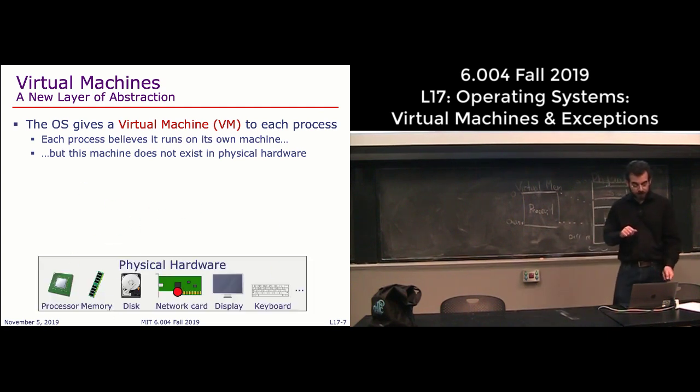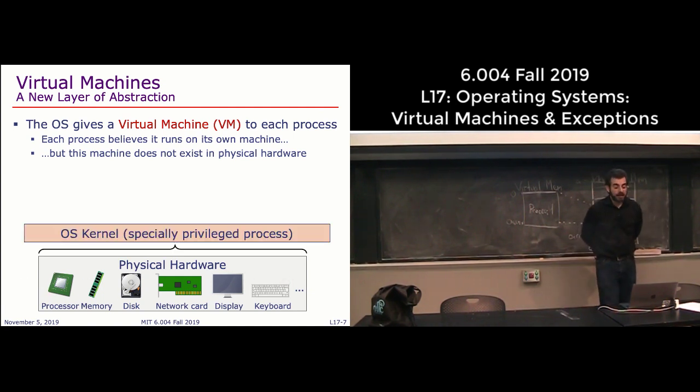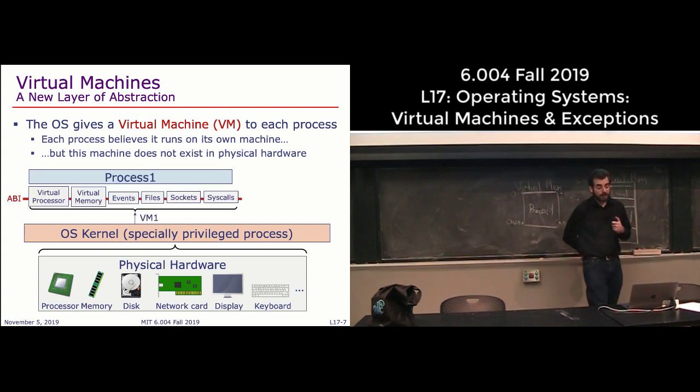We have physical hardware at the bottom, right? We have the physical processor, memory, all these I/O devices. Then the operating system kernel, this specially privileged process, is directly talking to this hardware, and it is providing a virtual machine to each of these processes, right? It is providing this ABI, this interface between the operating system kernel and its process, which essentially consists of a virtual processor, a virtual memory, and all of these other facilities that are implemented through system calls and other ways of communicating with the operating system, right?